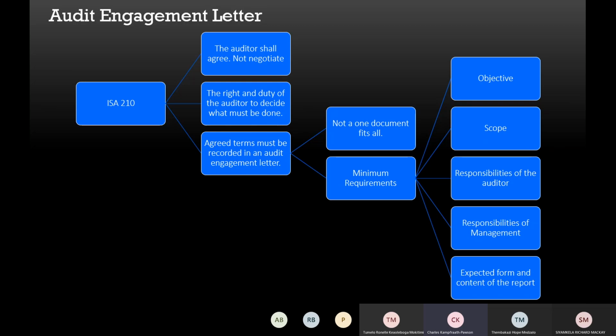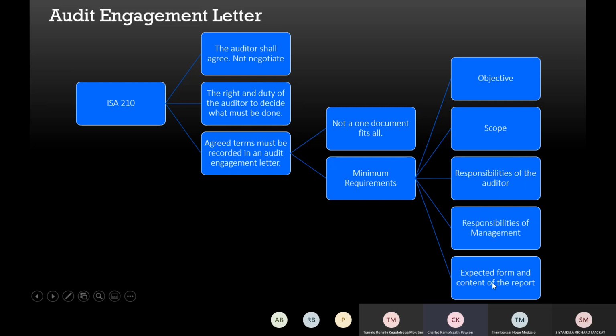So if I use that example, we also would have had an objective. The objective would have been to investigate, not to audit really, a specific section of the business. The scope would have been highly limited. It would have been limited only to inventory, and that scope paragraph would have explained it.